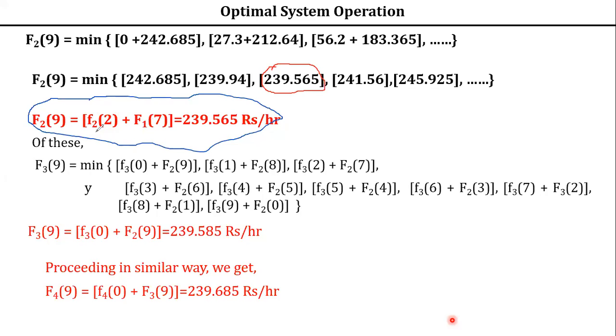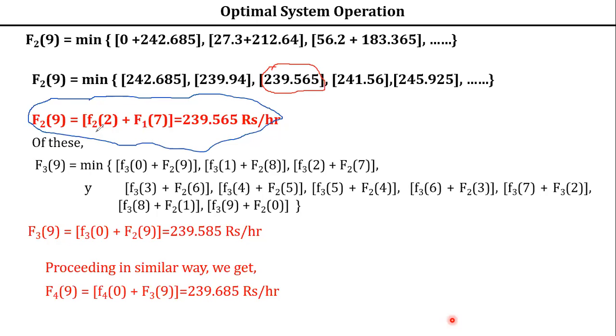Still we have not yet completed the unit commitment problem. This calculation we have completed for 9 megawatt only. Load is not constant. It keeps on varying. So therefore, this minimum cost in rupees per hour, you have to calculate it for other loads.